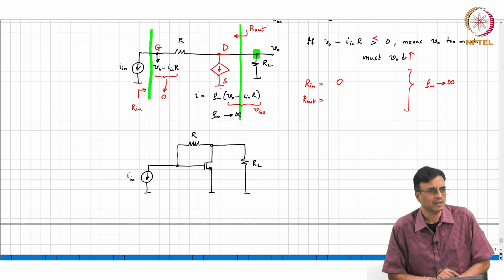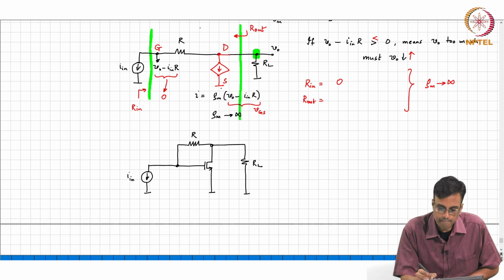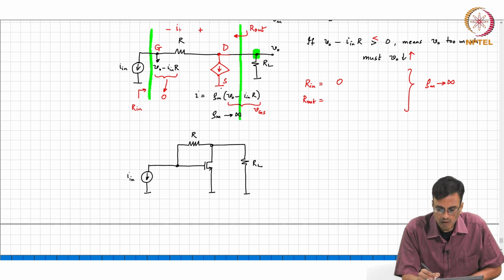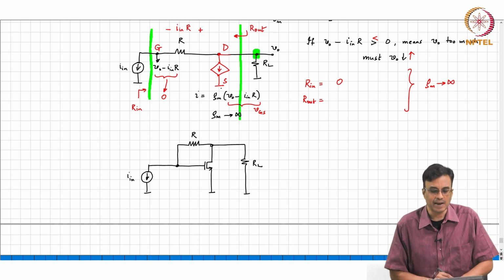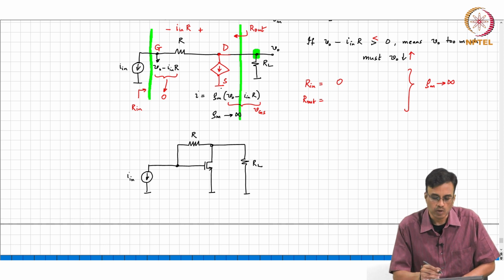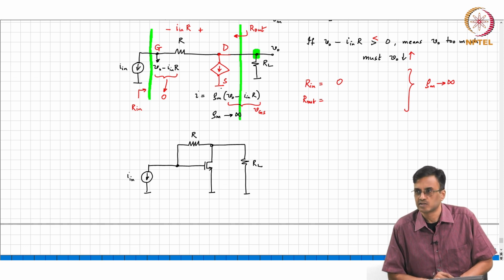Through R. So, what is the voltage across R? In times R. Okay. All right. What is the voltage at the left end of the resistor? 0. So, what is the voltage at the output? The voltage at the output is In times R, and is that dependent on RL? It is not dependent on RL.